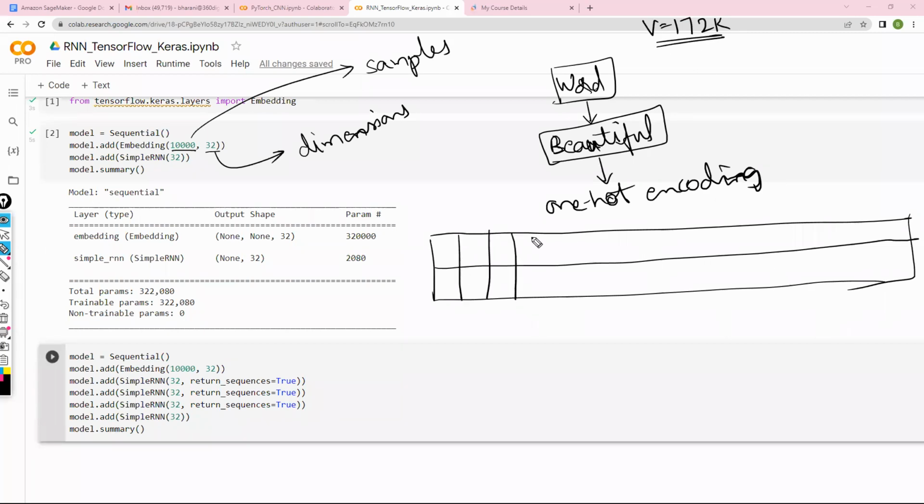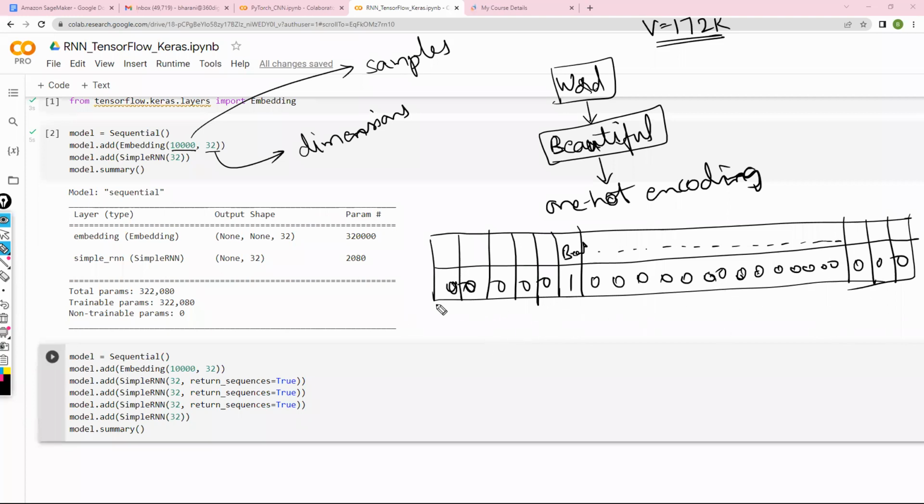So you take all those words, and wherever you see this word beautiful, against that word put a 1. For the rest of the words, it would be all zeros.